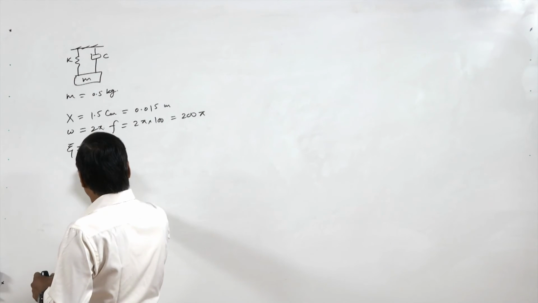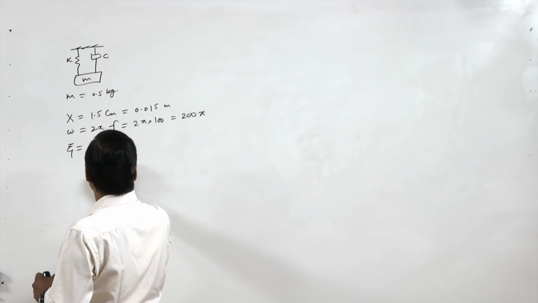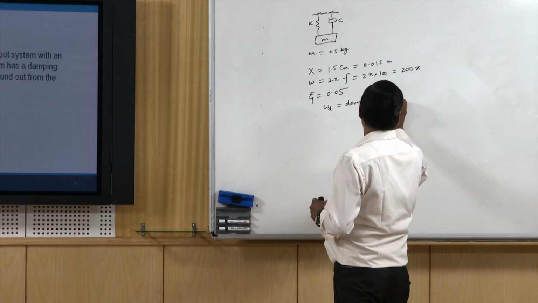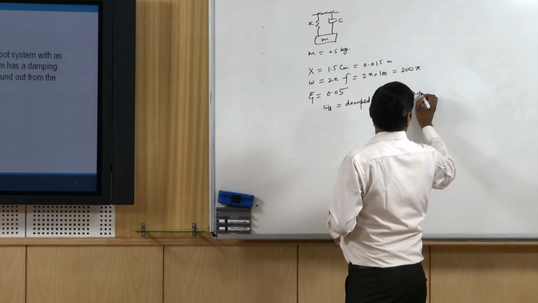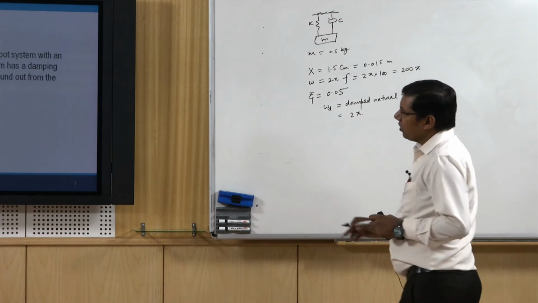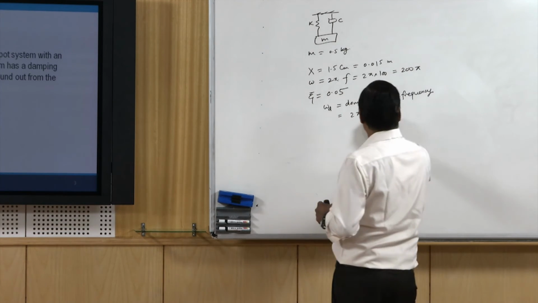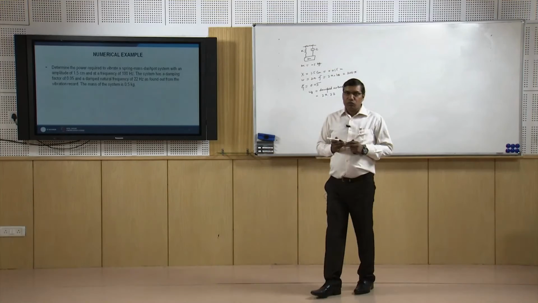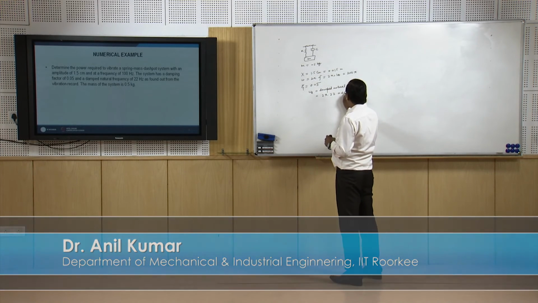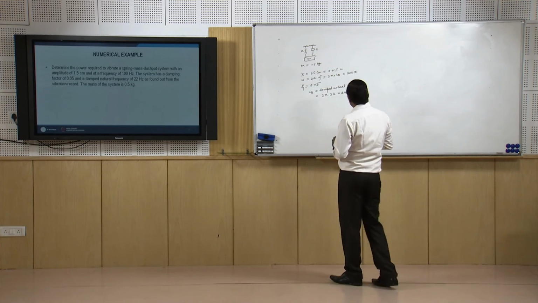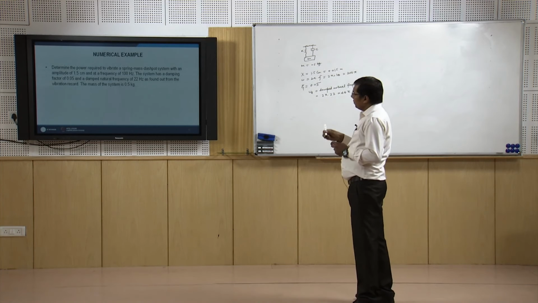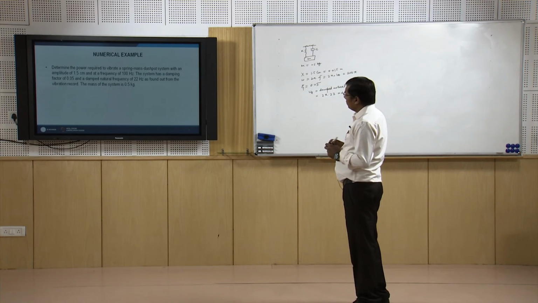So omega d, that is the damped natural frequency, is equal to 2 pi into 22 Hertz, so that is equal to 44 pi radian per second, because we are converting this Hertz to radian per second.